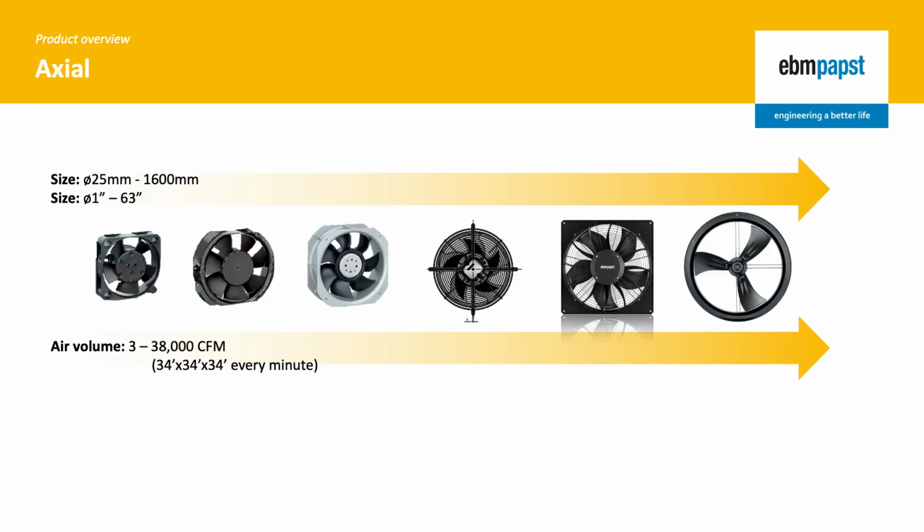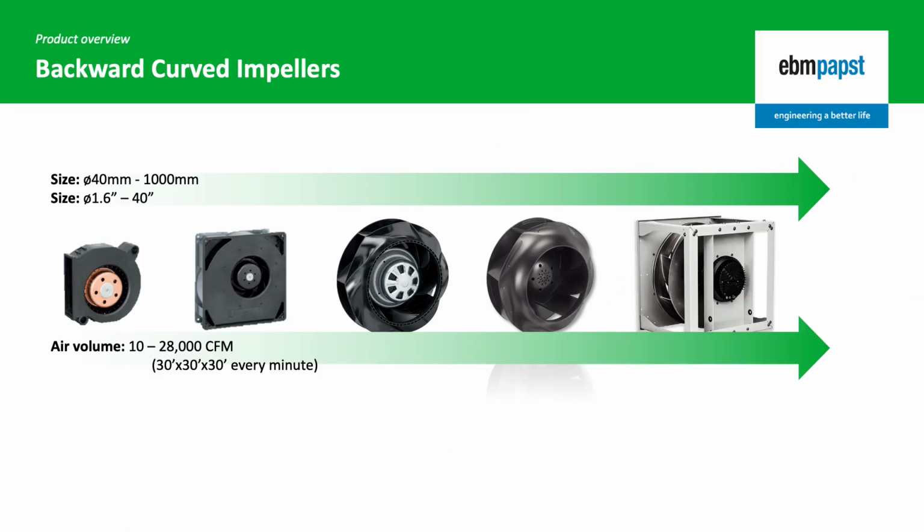Yeah, ebm-papst offers axial, radial, and diagonal styles ranging from 1 square inch to more than 5 feet in diameter. Our EC fans use electronic controls from less than 1 watt to as large as 24 kilowatts, which equates to about 30 horsepower. We've really got something for every application and controls suitable for every environment.